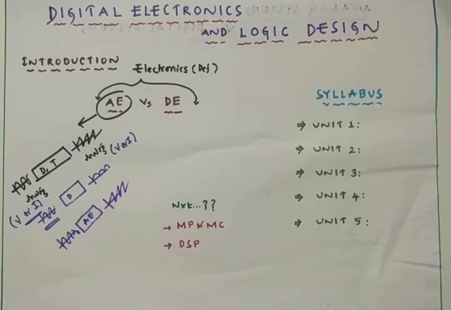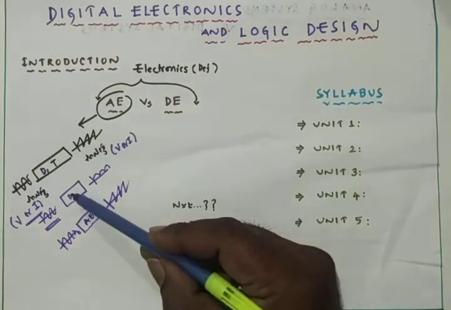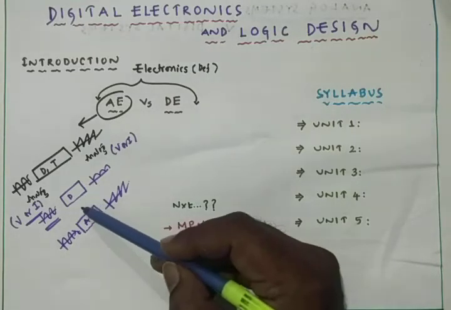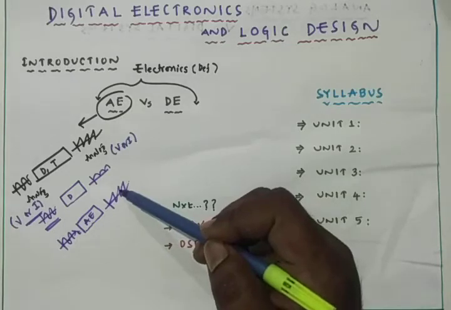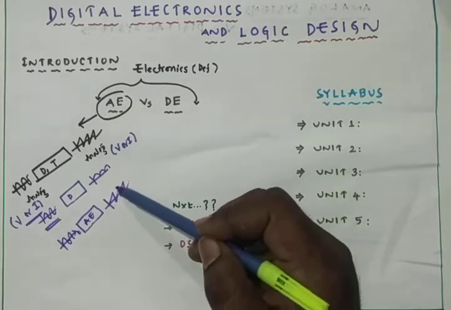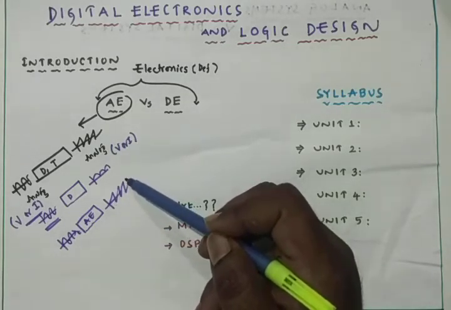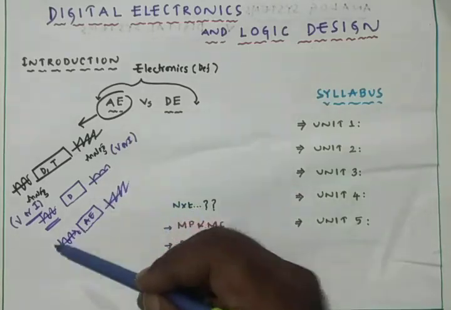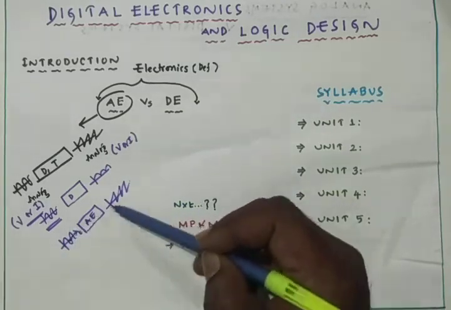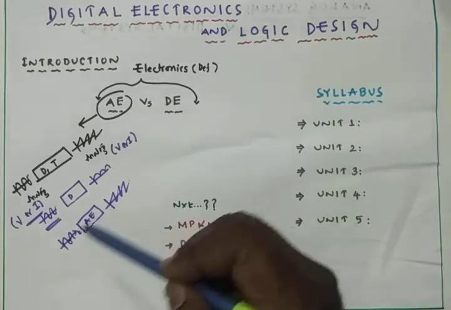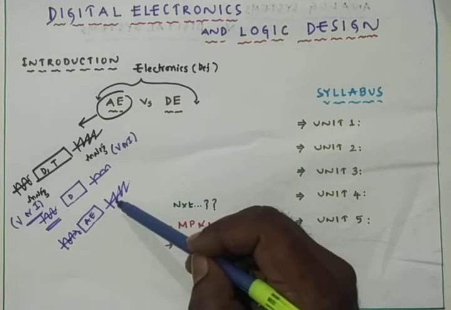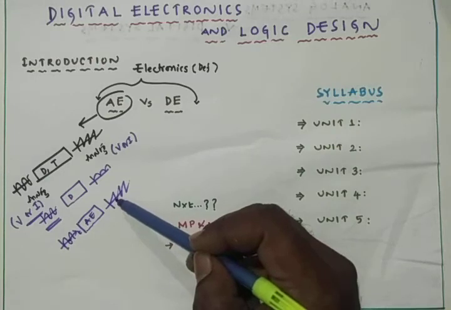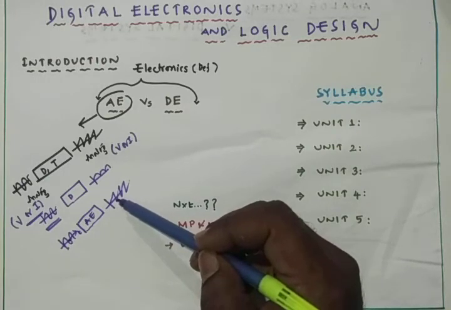So we studied the behavior of transistors and diodes by applying an analog signal. The output is also an analog signal. It keeps on varying with respect to time. If the input is varying, then the output is also varying in accordance with the input signal.